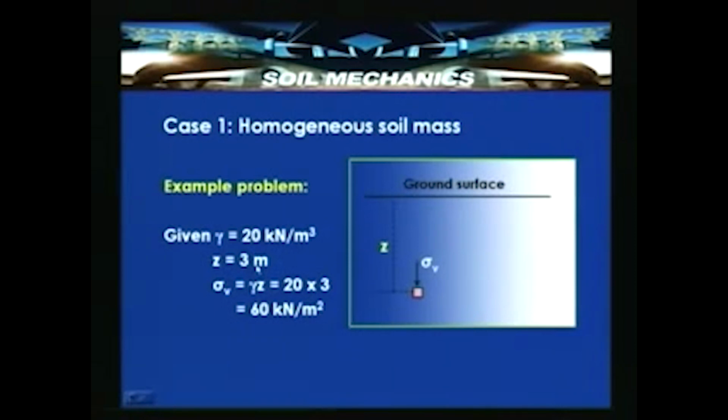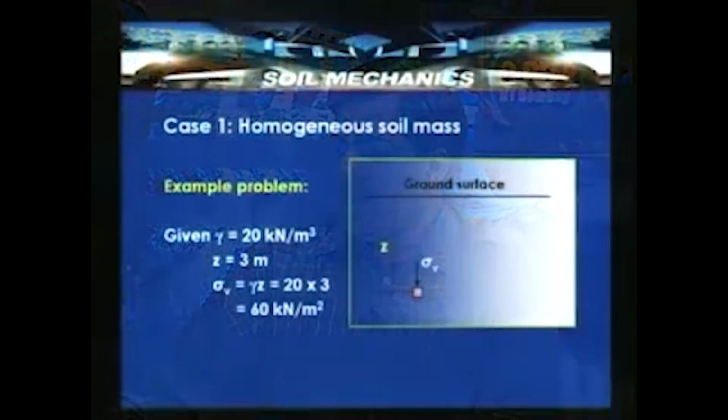Z is equal to 3 meters. So, from the previous deliberations we can say that sigma v at a depth Z equal to 3 meters is equal to 20 into 3, that is 60 kilonewton per meter square. So, let us look into it.